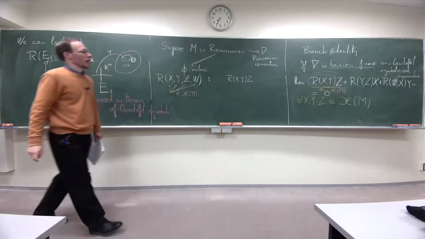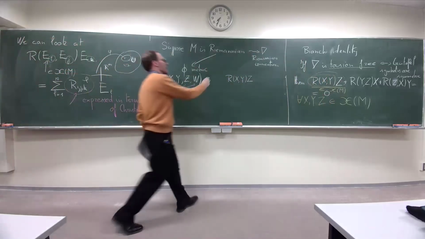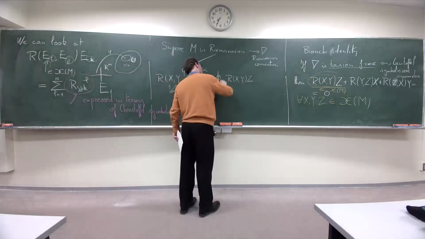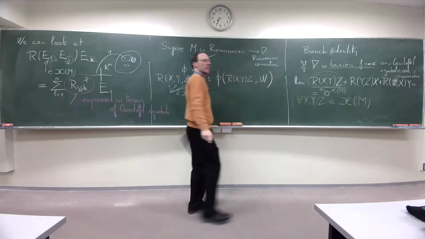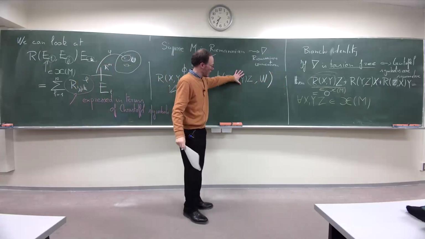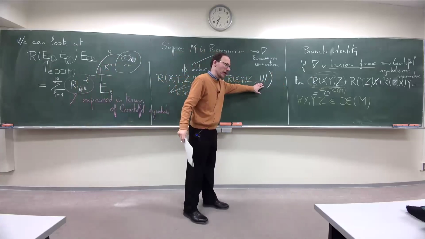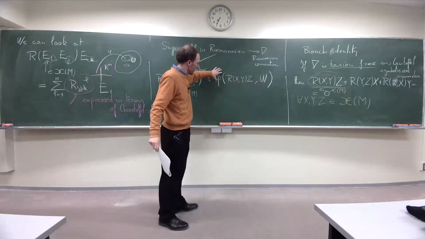And how can I play with the W? I want to use one more vector field. I can do the scalar product. This is meaningful. This is a vector field. This is a vector field. By definition, it takes 2 vector fields.